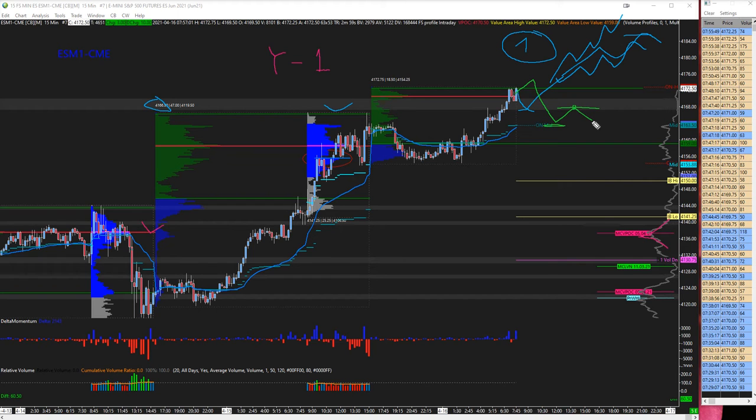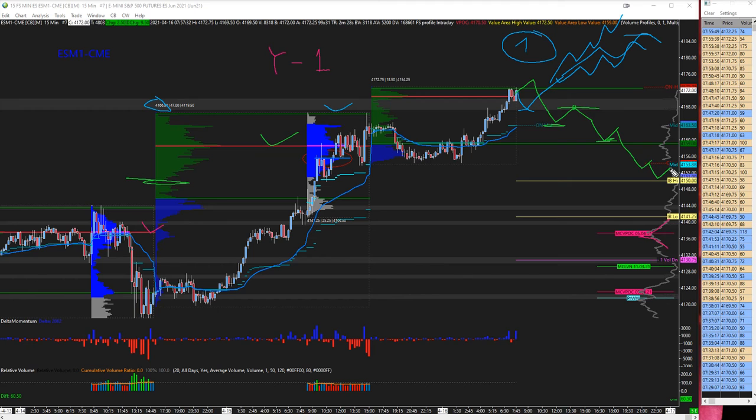Travel down to the VPOC from yesterday, 158.5. Test that. Continue lower to the LVN at 150.